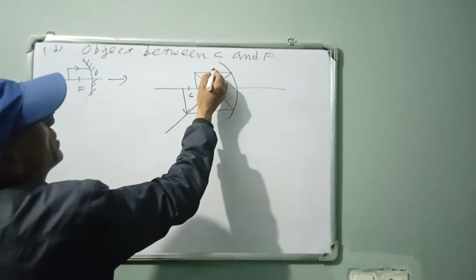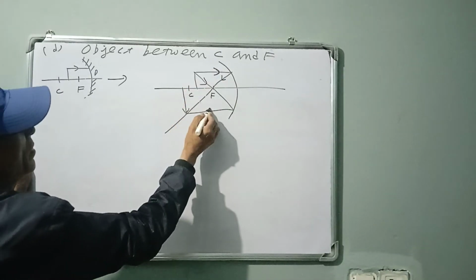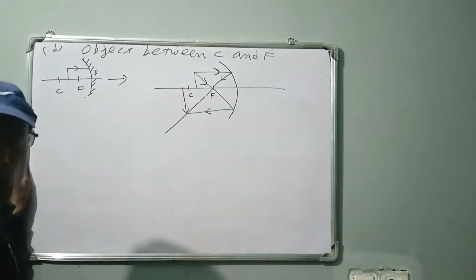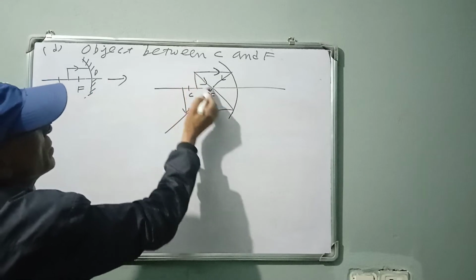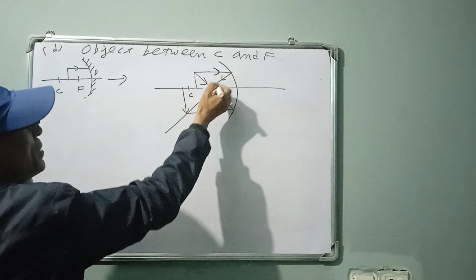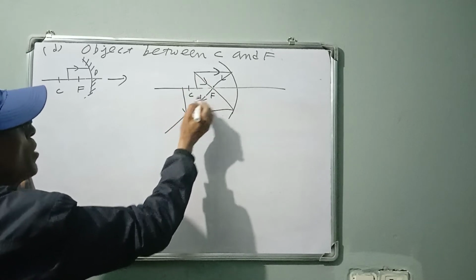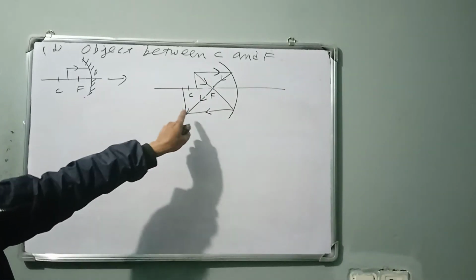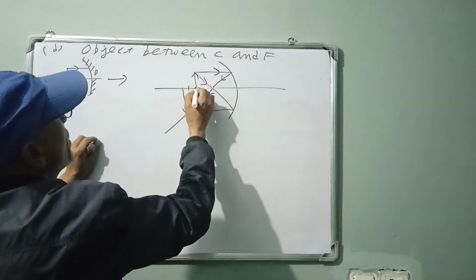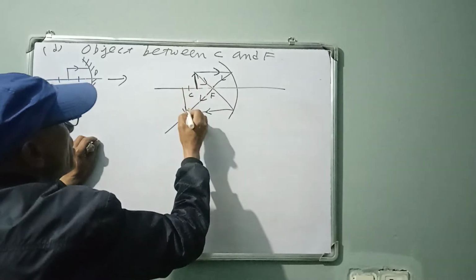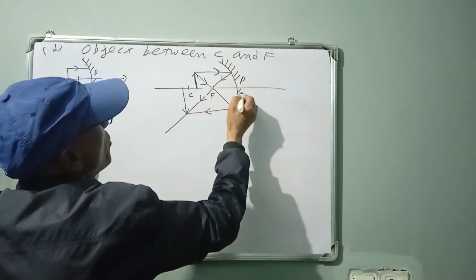Incident ray, reflected ray. The two reflected rays meet at this point and this is an image. Suppose this is the object, this is the image. Pole P.